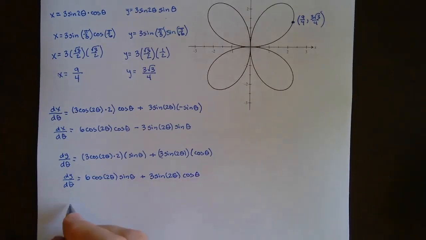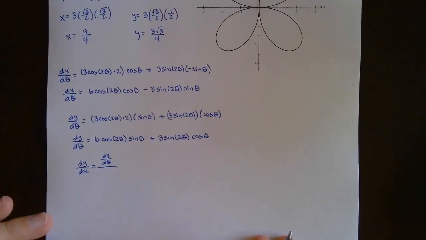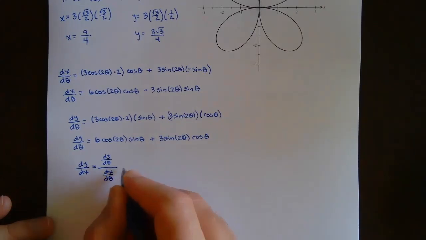Okay, so I know that dy over dx, because I'm going to need that, is equal to dy over d theta over dx over d theta.